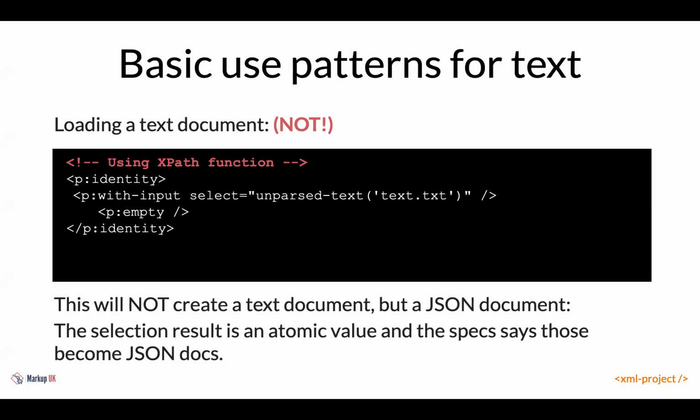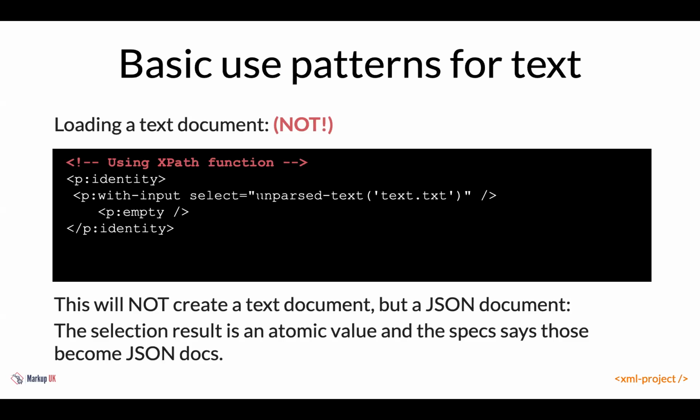The general rule is whenever select on a p:with-input returns an atomic value, a JSON document is created. So this might be a bit strange, because you might expect that when you have an XPath expression returning an xs:string, you get a text document, but you won't. You get a JSON document which has this string value.